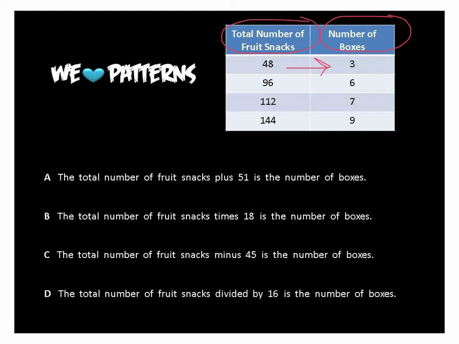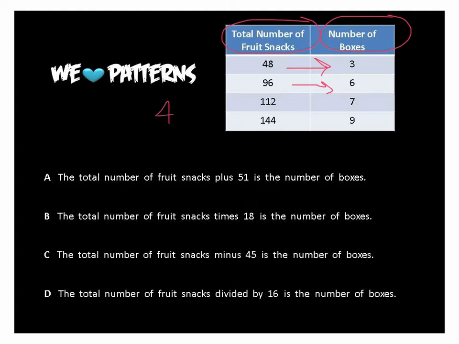Now as I look down to my second number, 96 going to 6, I can see that the numbers along the right hand side are decreasing at a much slower rate than the numbers on the other side. So I'm going to go ahead and rule out subtraction for now and test division.